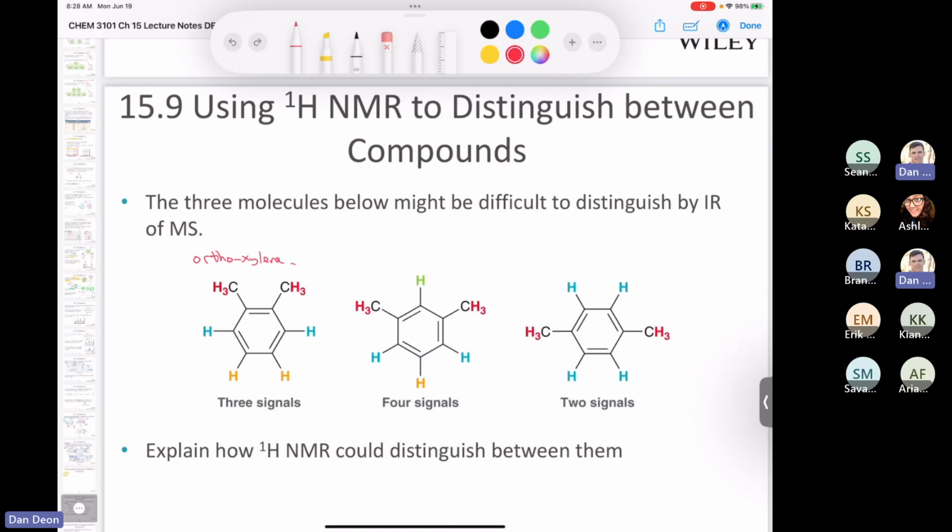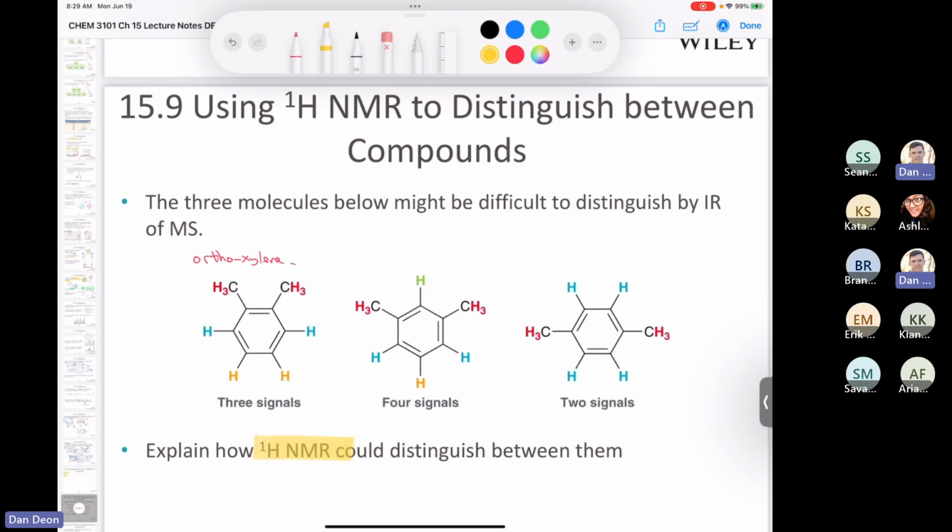You can see that all 3 of these compounds are isomers of each other. And if you tried to run an IR on these, you are not going to be able to tell the difference between these at all, or it'd be very difficult using the fingerprint region. MS, the same thing. They're all going to have the same molecular ion, but you could tell the difference between these using proton NMR in a matter of seconds.